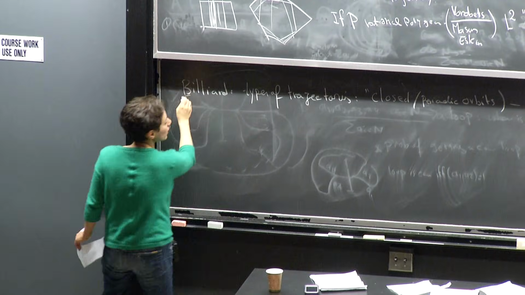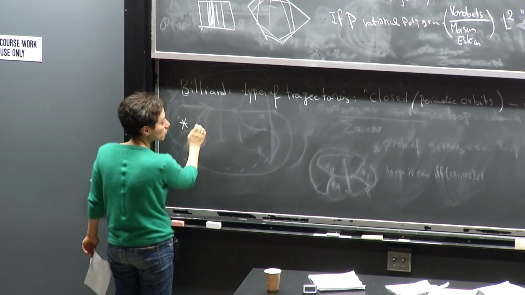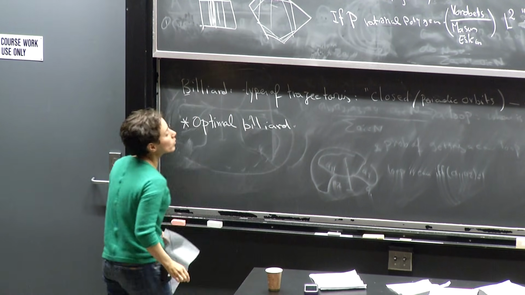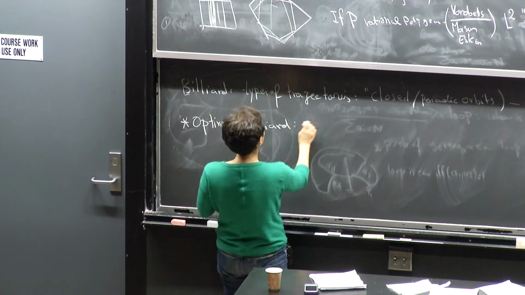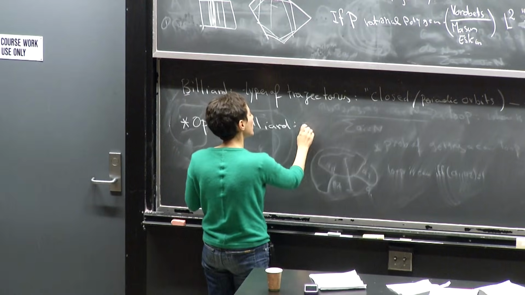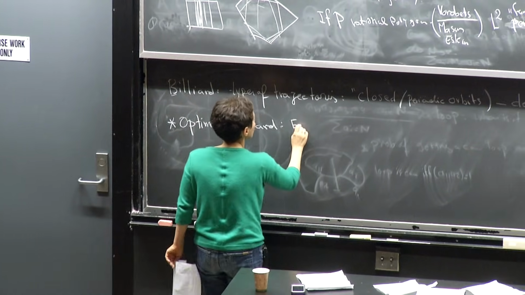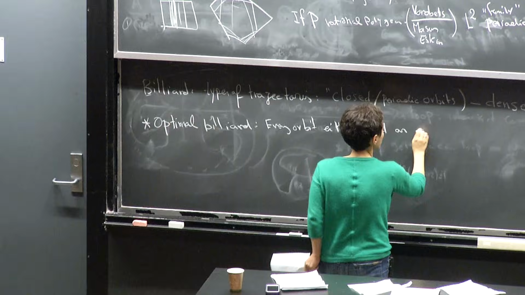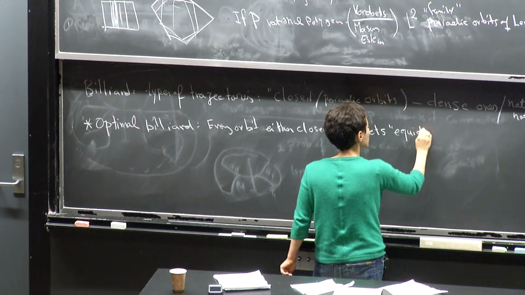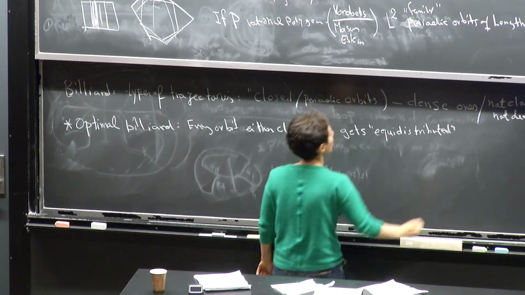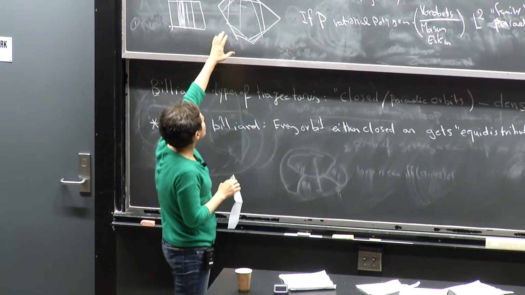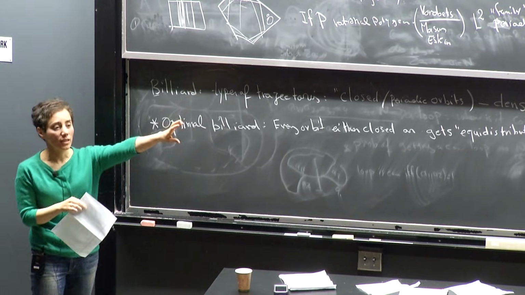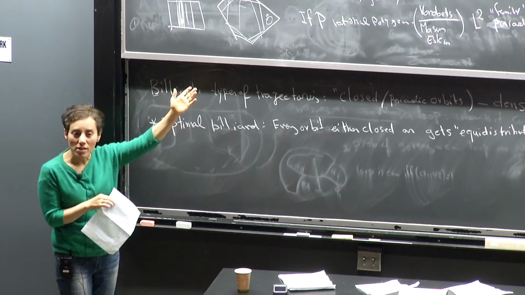Even if you know that things are either dense or closed, the question is, can you find nice billiards such that every orbit is either closed or equidistributed, which is a technical term for a trajectory that, if you have an area alpha, basically means that if you look at a long trajectory, it should spend alpha over the area of the billiard percentage of its time in that open set.